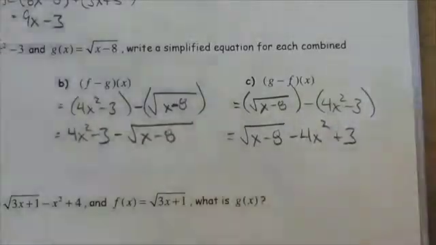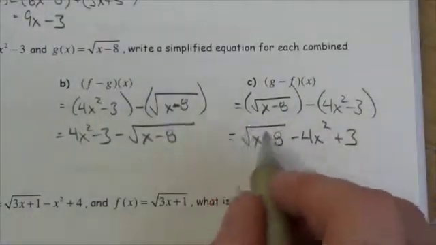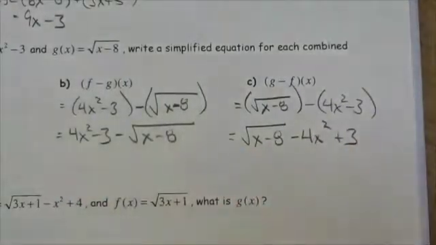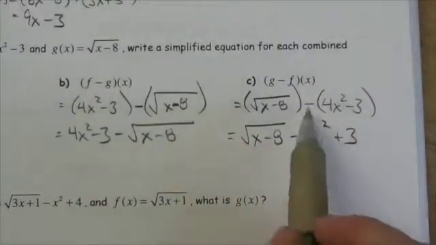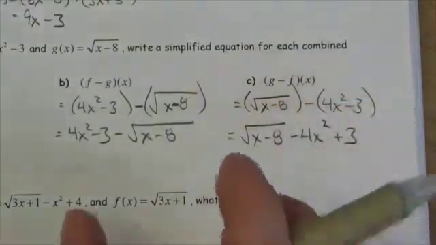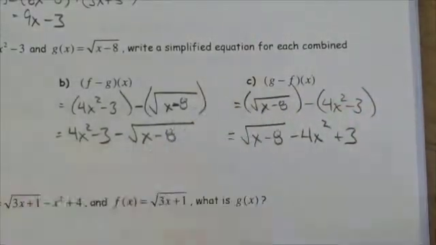And there again, there's nothing wrong with necessarily writing it like this. You might want to push the radical to the back or to the middle or wherever. It doesn't really matter. Order at that point doesn't really make a difference. What's most important is that we're distributing that negative through those parentheses. It wasn't necessary in the previous one because it was just a single term, but it is necessary here.